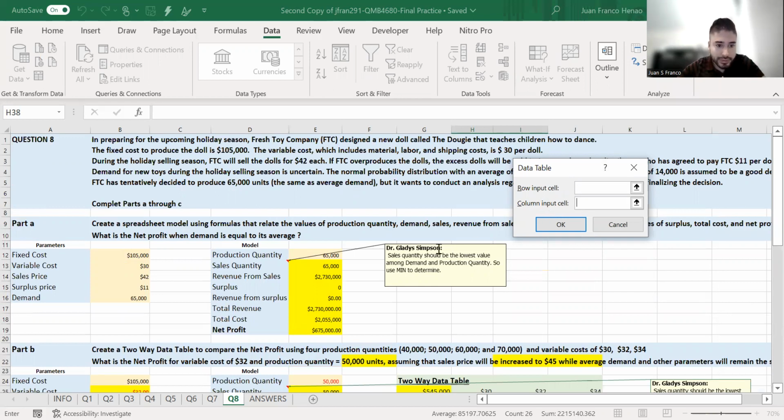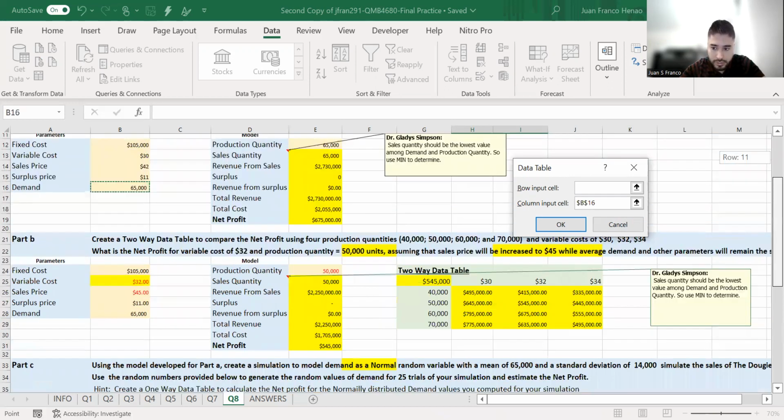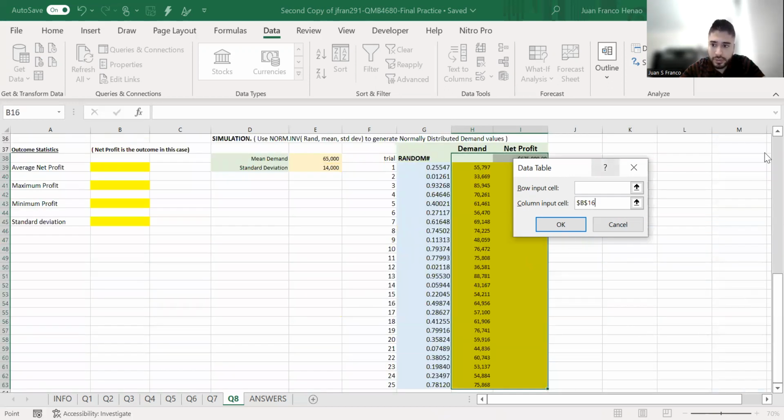That's what I'm thinking of. Now let's try. We got 100% for part E. So if it changes, it means we need to copy the information. Okay, this is the demand. Yep, demand.